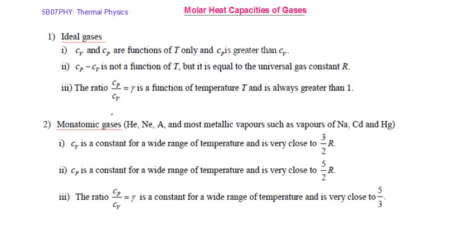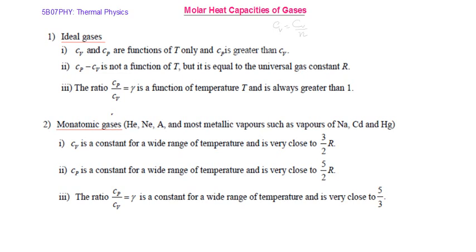So let's recollect. I'm talking about the molar heat capacity. One is the CV and the other is the CP. Both are defined: small cv is equal to capital CV by n, that is the relationship that we have.